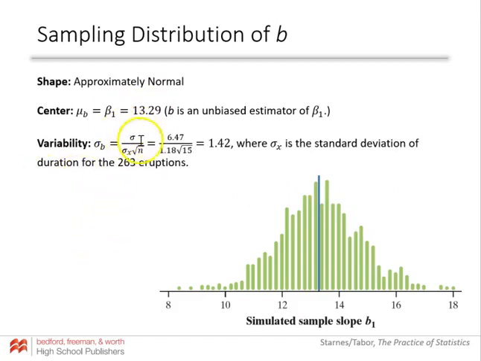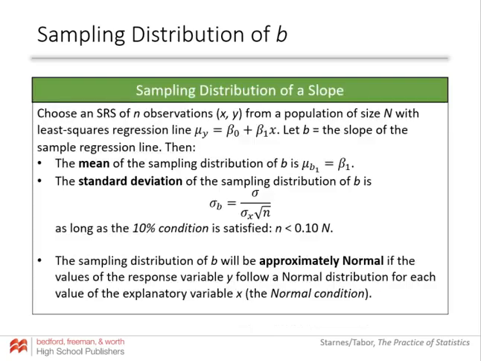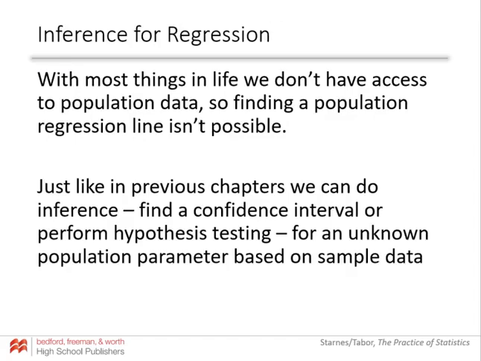It is the standard deviation of the residuals, sigma, divided by sigma x, the standard deviation of the x values for the population. And that's how we get the standard deviation of the sampling distribution. So these are the characteristics that you need to know. You need to know what the mean is, you need to know how to find the standard deviation, and you should know that it is approximately normal.